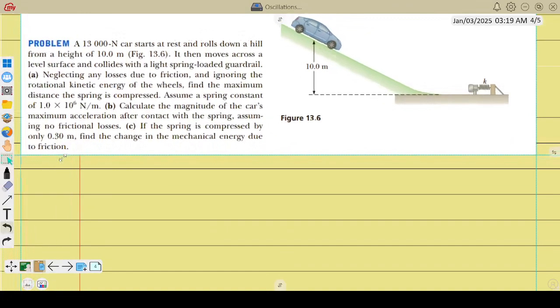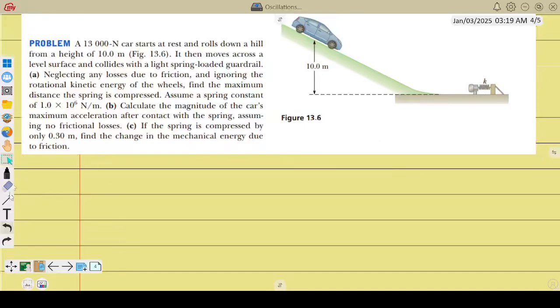Okay, so we're being told that a car. This question is coming from college physics. So we have a car that is 13,000 Newton that starts from rest and then it rolls down a hill from a height of 10 meters.